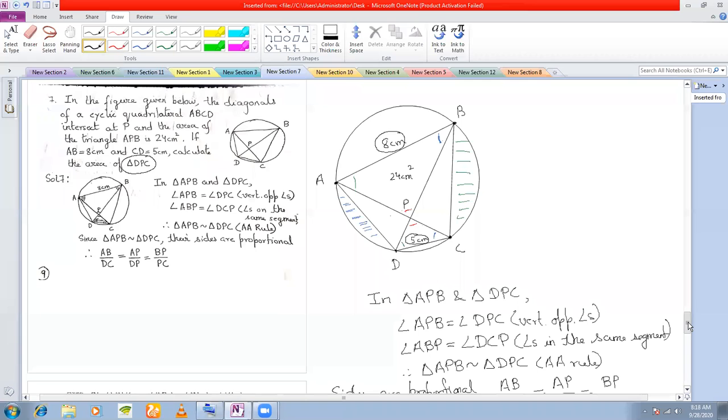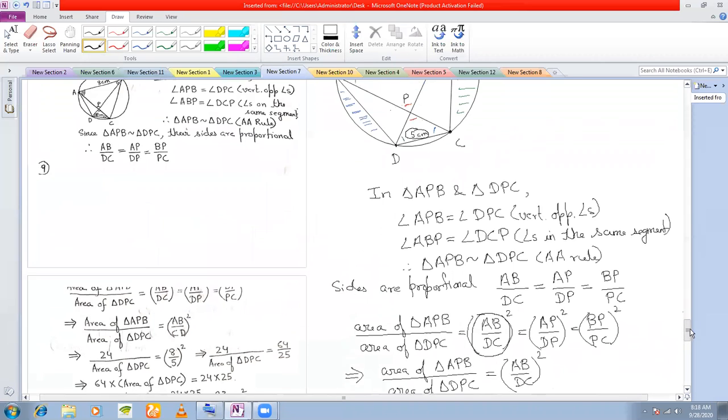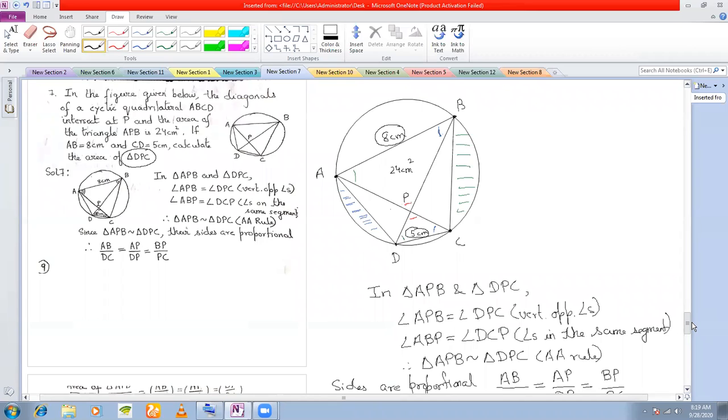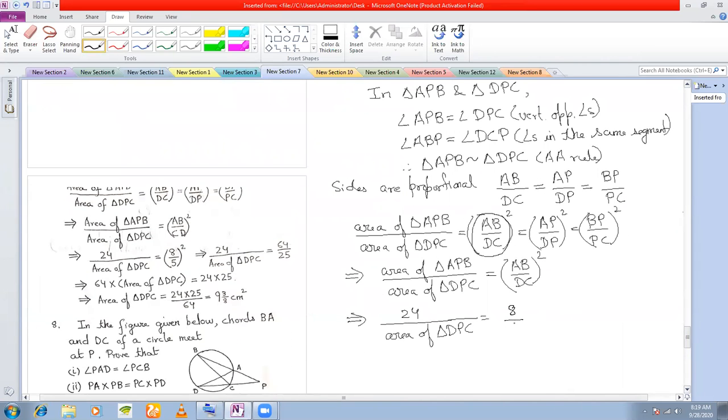The area of triangle APB is given to be 24. So I'll write this as 24 divided by area of triangle DPC is equal to AB by DC whole square. The length of AB is given to you here as 8 centimeter. The length of DC is given to you as 5 centimeter. 8 and 5.